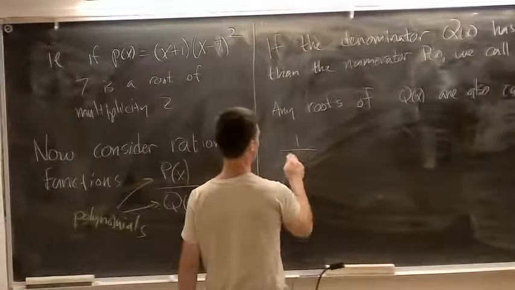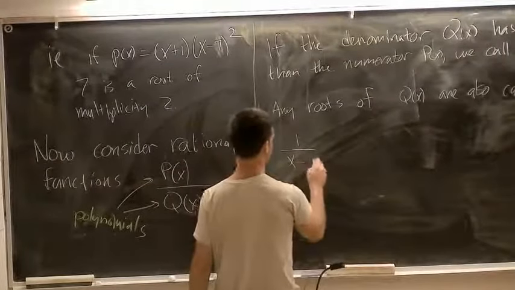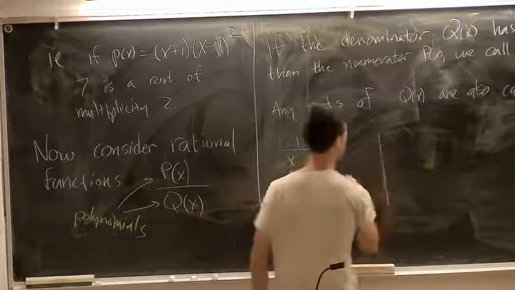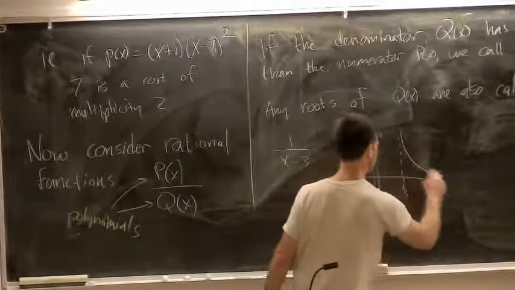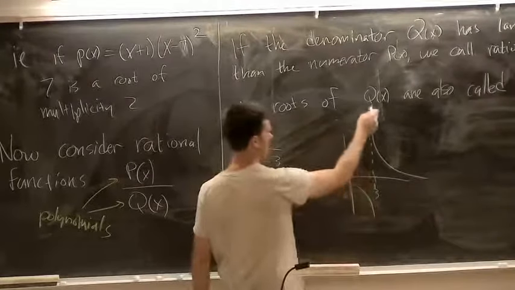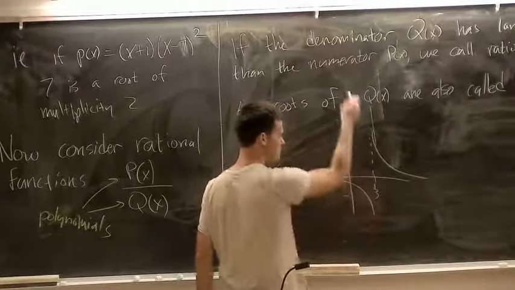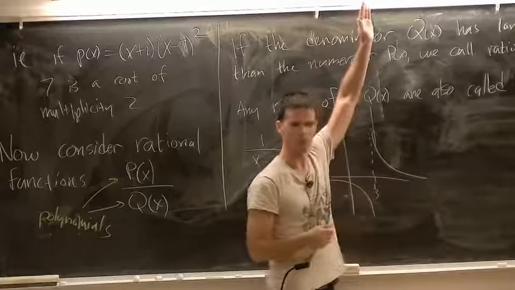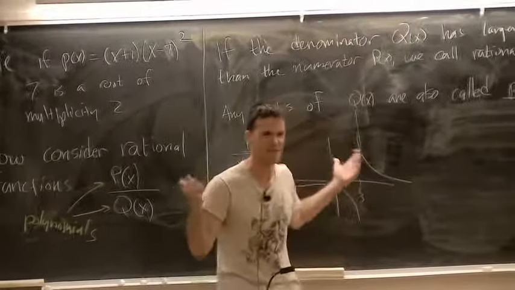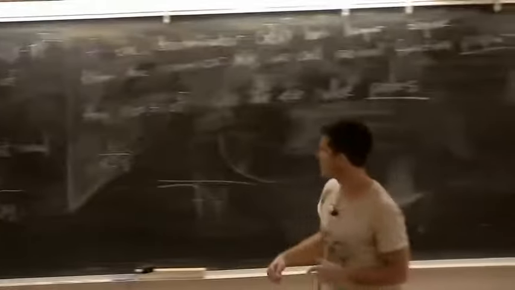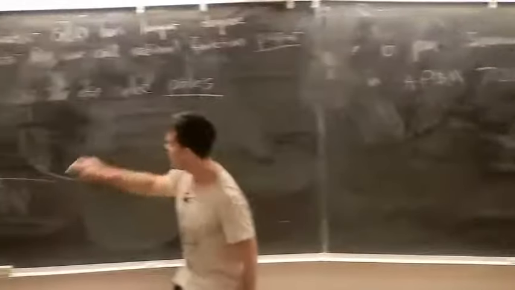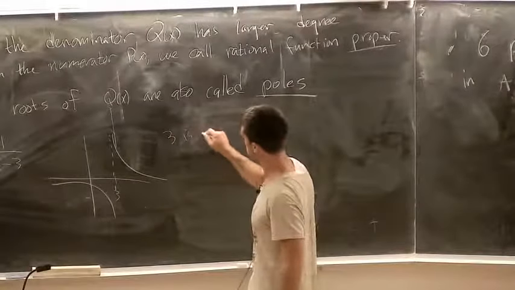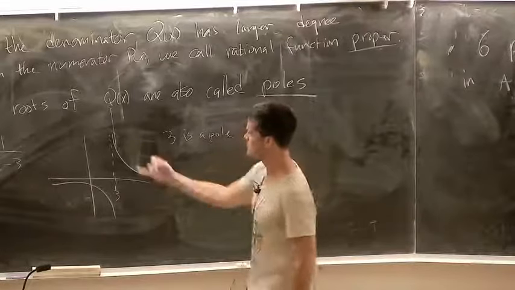For example, 1 over x minus 3, if you graph it, looks like this. It looks kind of like it has a pole, right? It shoots up like a pole. That's my guess for where the name pole came from. You tell me if you know a better one. But it kind of helps to visualize it. So 3 is a pole in this example.